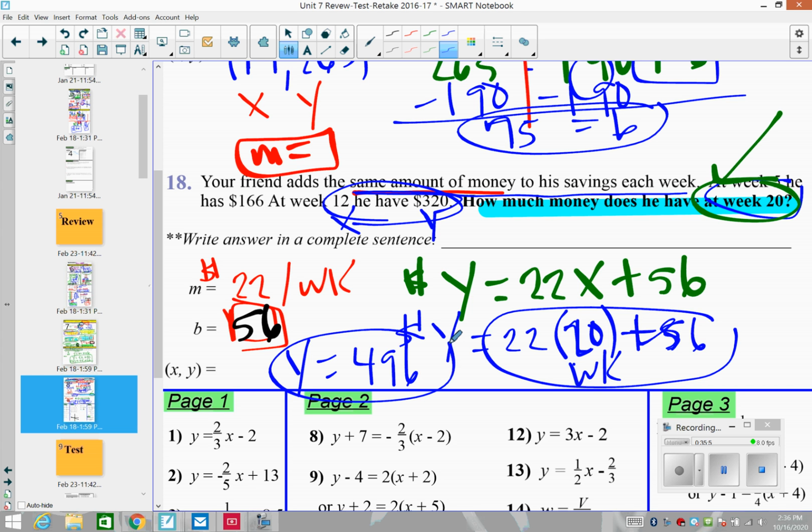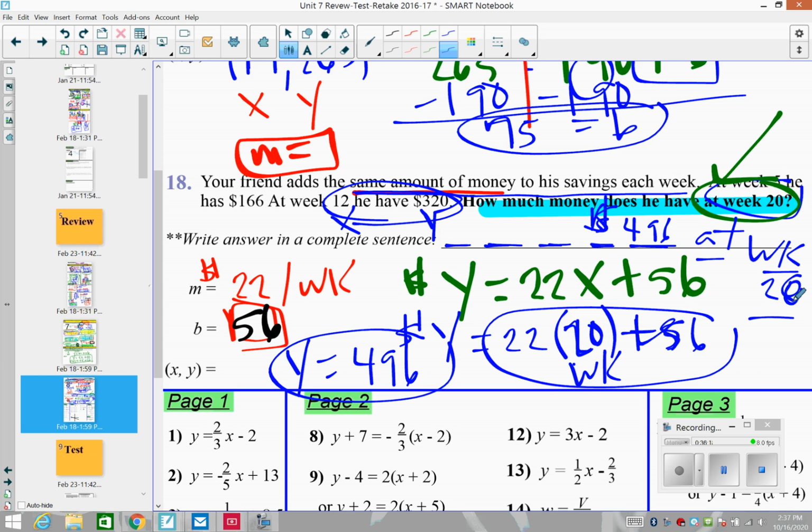In a complete sentence, I would say, your friend would have $496 at week 20. That's the best I can do for my complete sentence there. So it's really a data point, right?